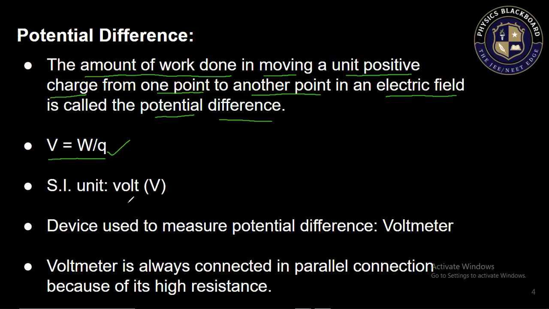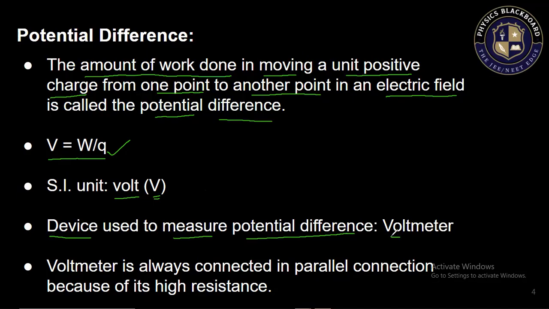That is the mathematical expression. The SI unit of potential difference is the volt. It is represented with the capital letter V. And to measure the potential difference across the conductor, we need a device, right?